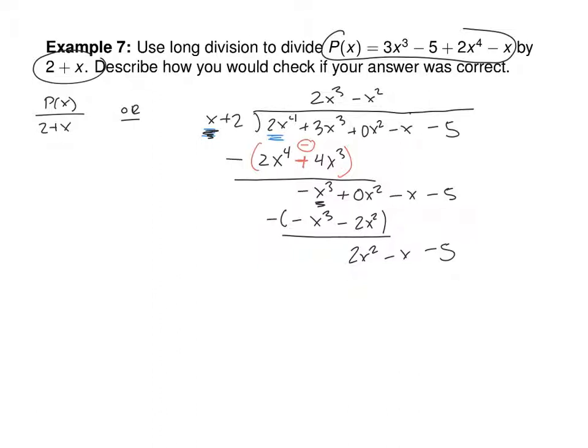Then you think, what do you multiply x by to make it match 2x squared? 2x. So 2x squared plus 4x. Take it away.